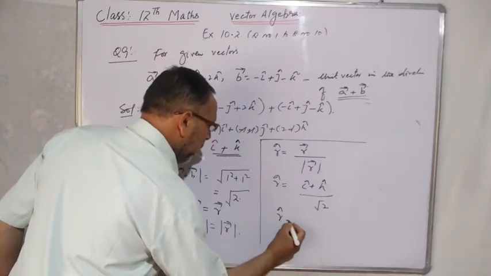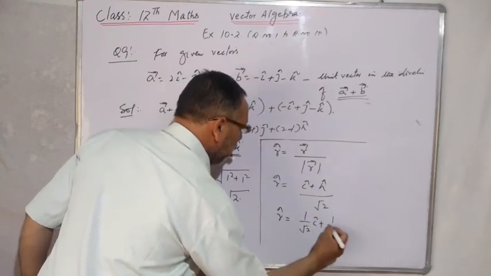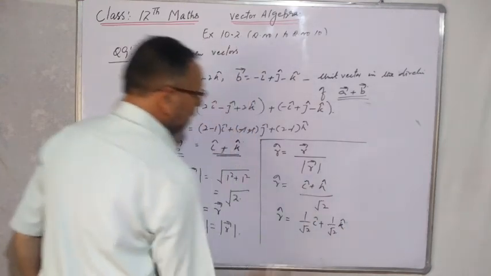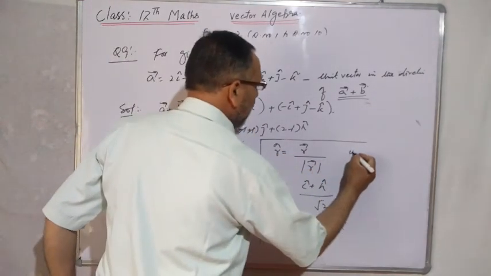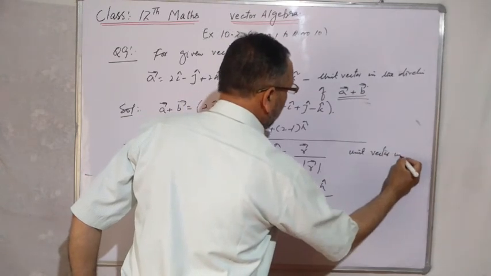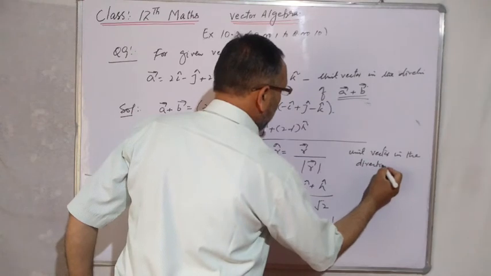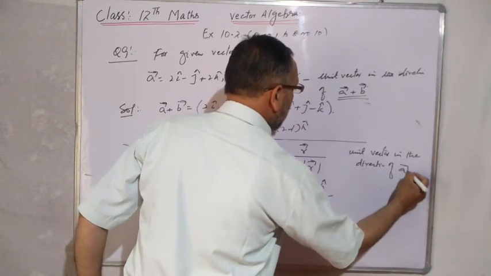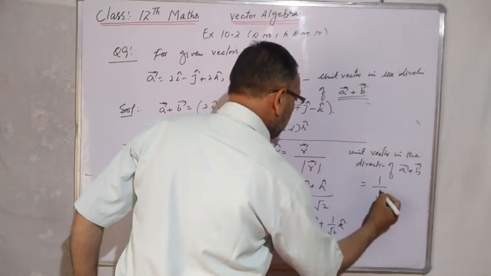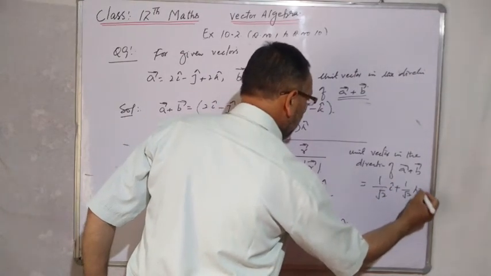That means R cap is equal to 1 by root 2 i cap plus 1 by root 2 k cap. That means the unit vector in the direction of A vector plus B vector is 1 by root 2 i cap plus 1 by root 2 k cap.